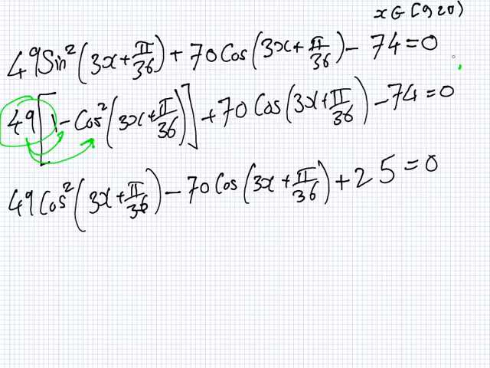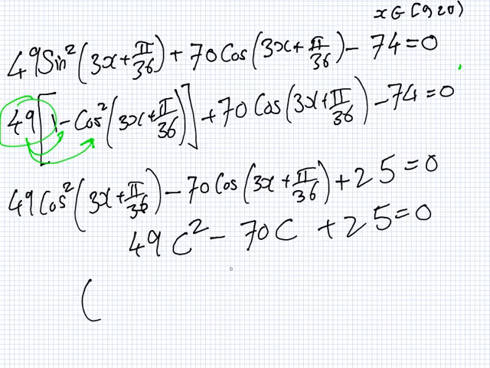What type of equation does this look like? It looks like a quadratic. It's like 49 a thingy squared minus 70 times that same thing plus 25 equals 0.